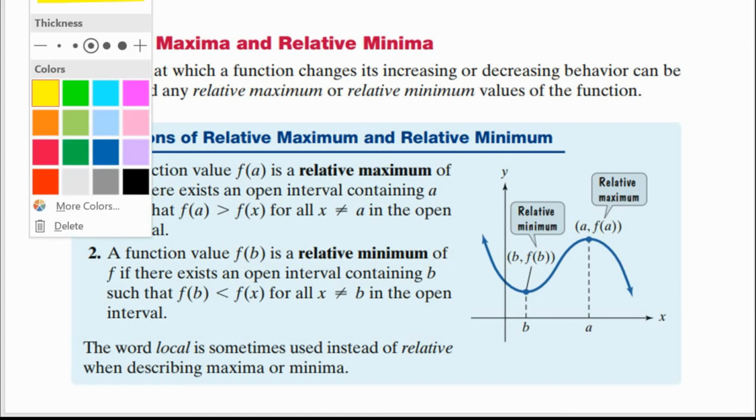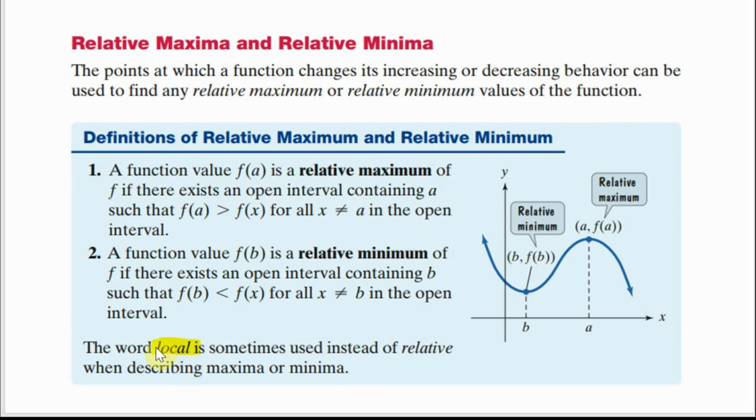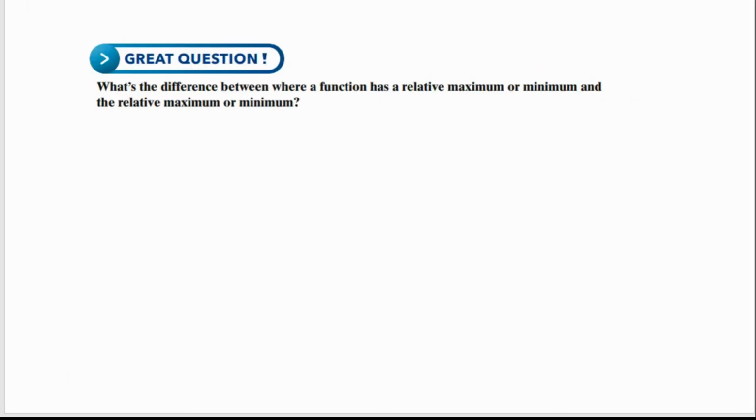Again, you see he uses that word local instead of relative. What is the difference between where a function has a relative maximum or minimum, and the relative maximum or what in the world?